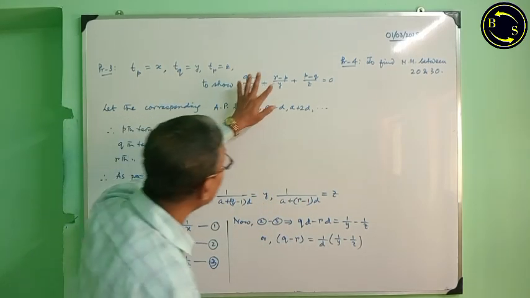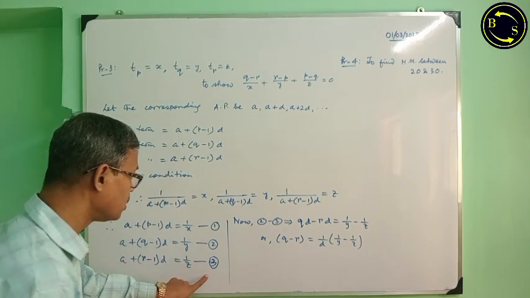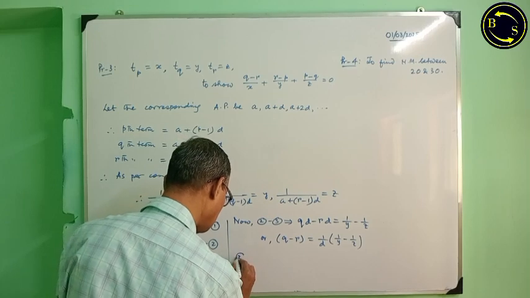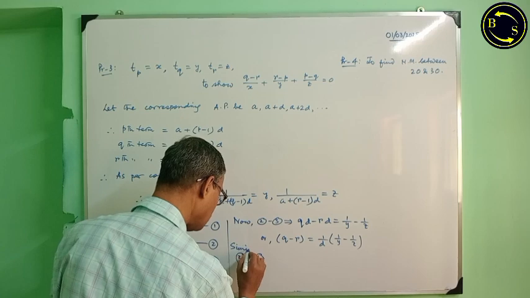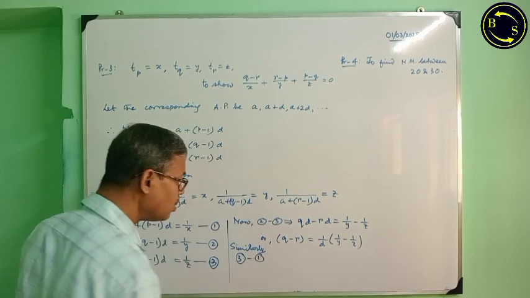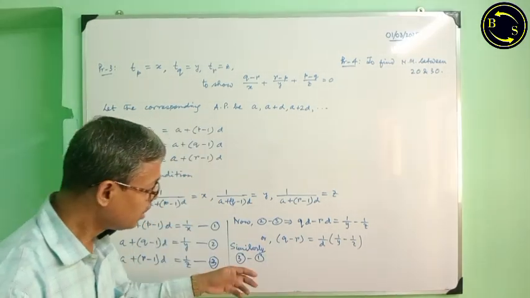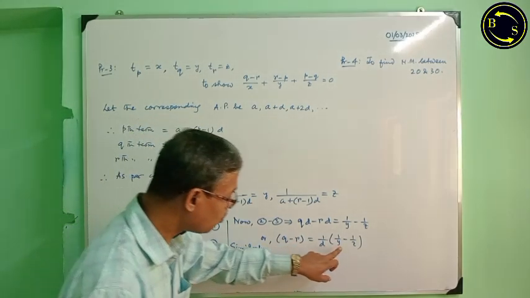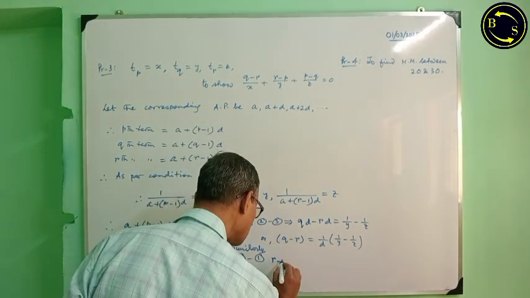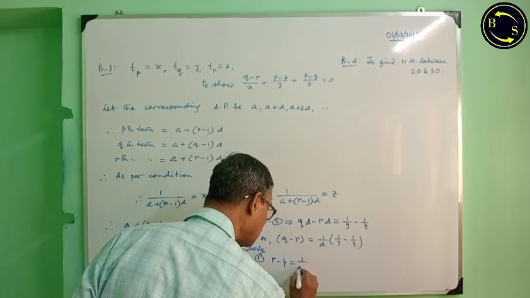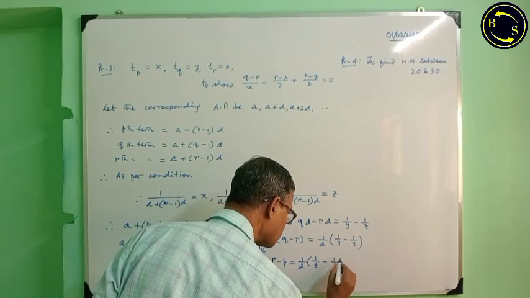Then to get r minus p, I subtract 1 from 3, 3 minus 1. Similarly, we can follow the pattern: q minus r, then y, z are there. Then for r minus p, 1 by d into (1 by z minus 1 by x).